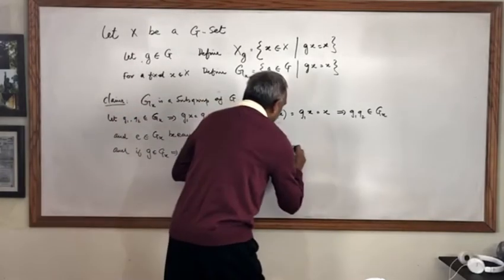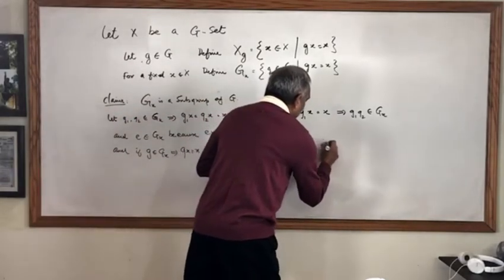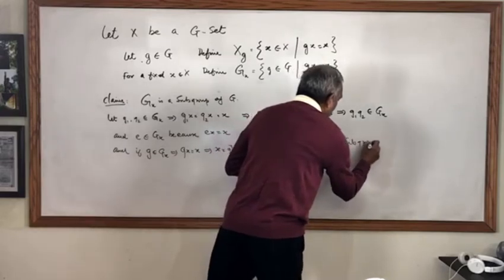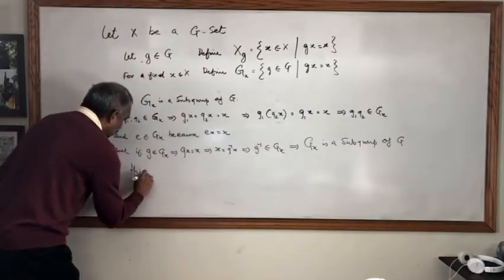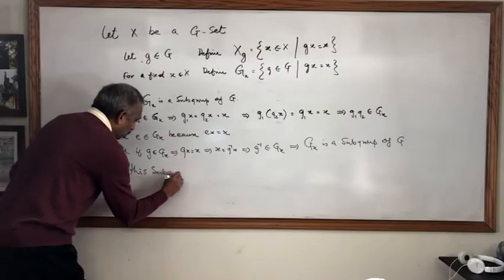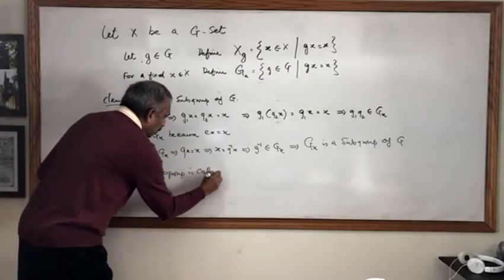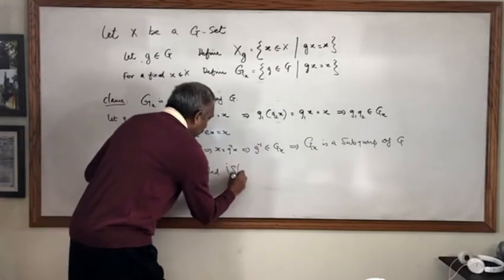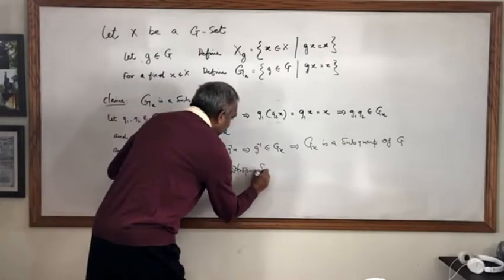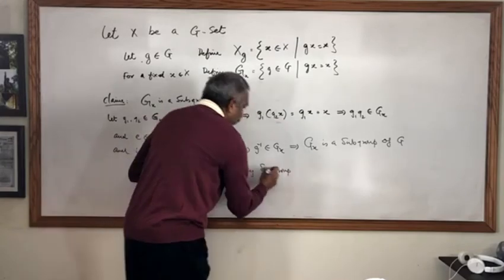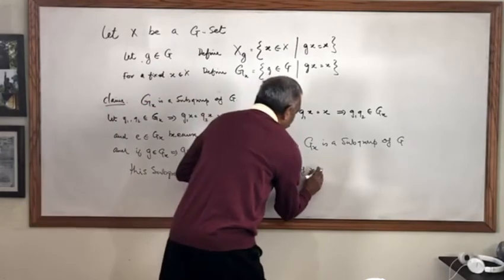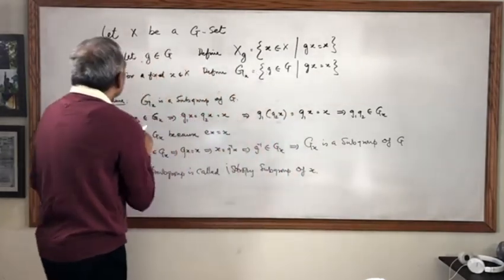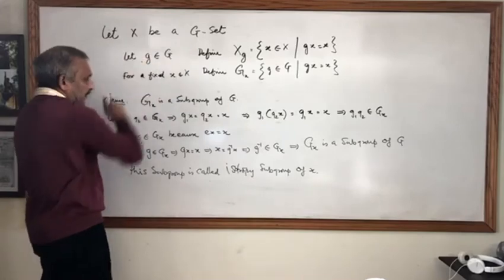And that implies G_x is a subgroup of G. And this subgroup is called the isotropy subgroup of x under the action of G on X.